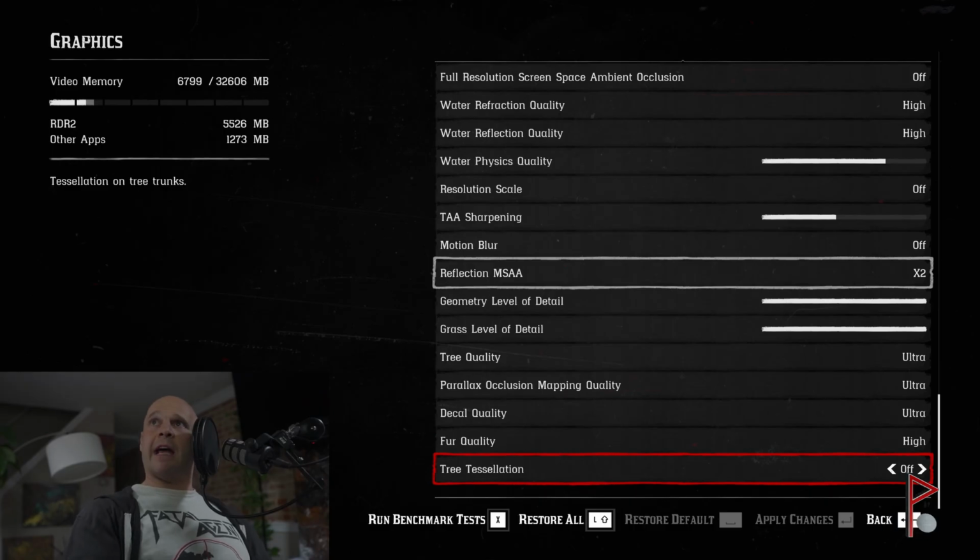Now, temporal anti-aliasing, you'll also see it as the initialism TSSAA, temporal super sampling anti-aliasing. This works by blending color information from previous frames with the current frame. It's smarter than these other methods.